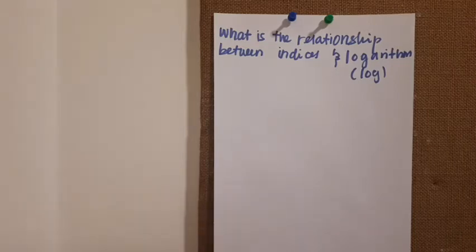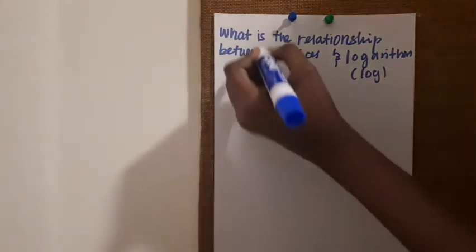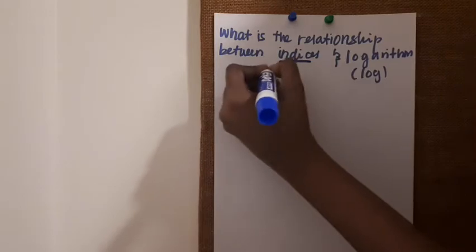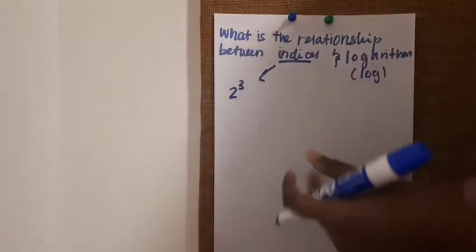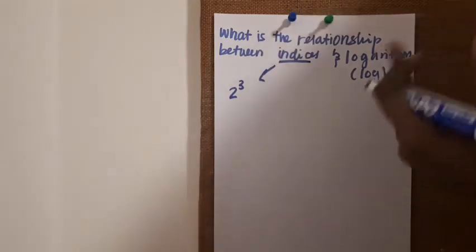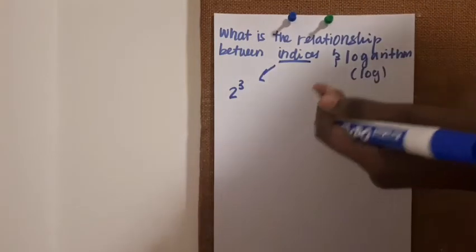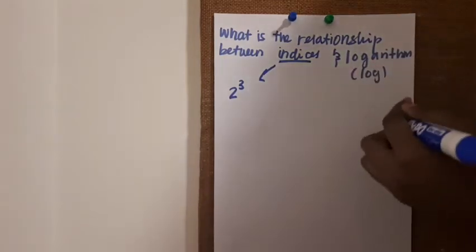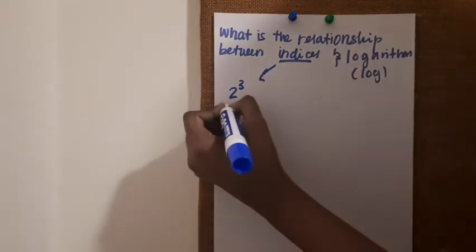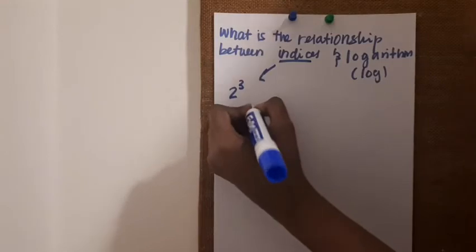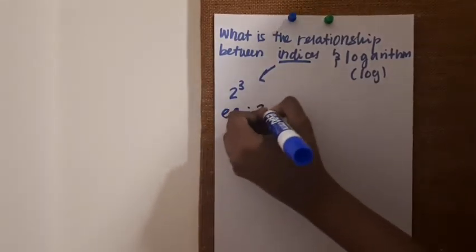Now we're going to see what the relationship is before we go into the laws of logarithm. So we know that the basic indices is simply going to be like this: some base with a power, also known as indices. For example, let's say we have something like this.